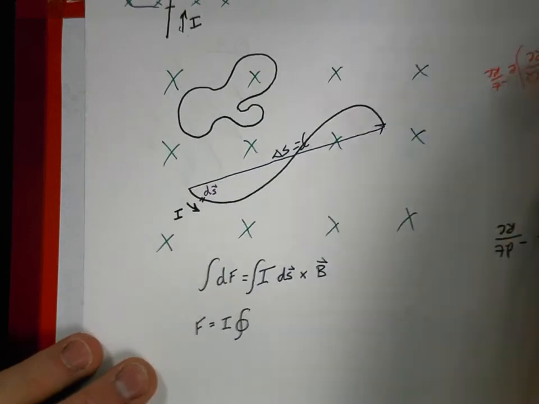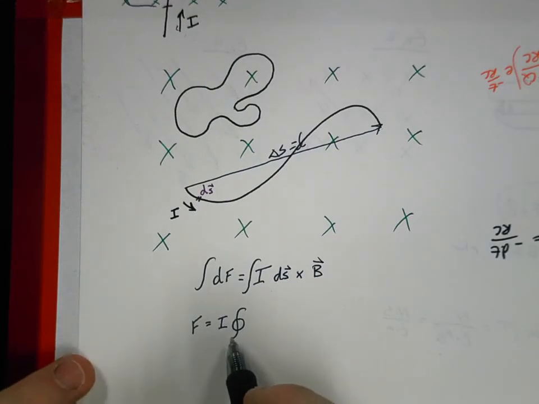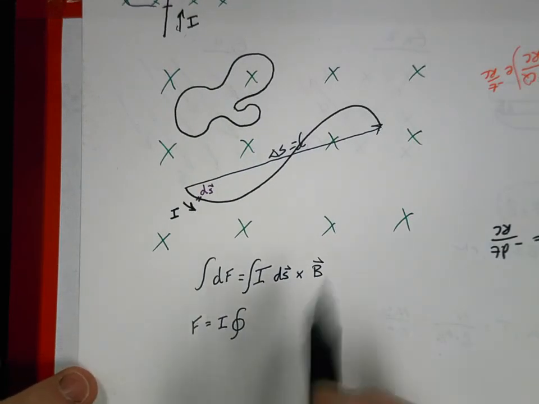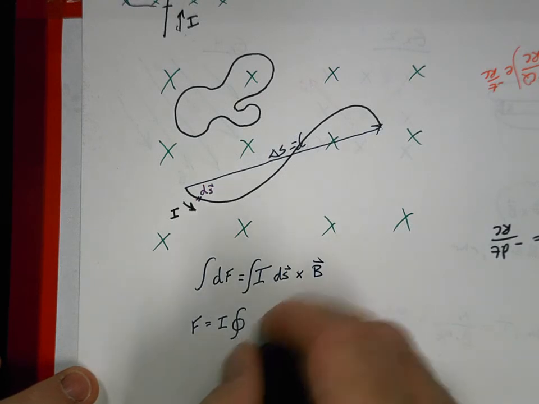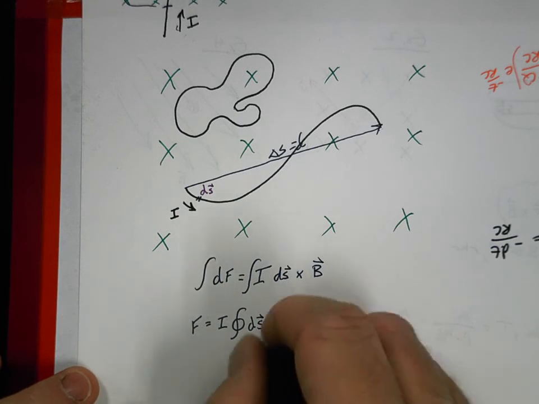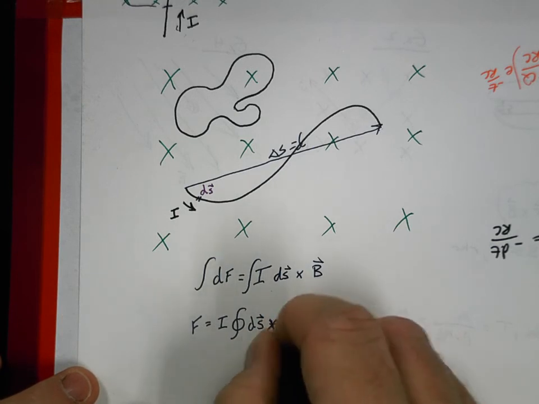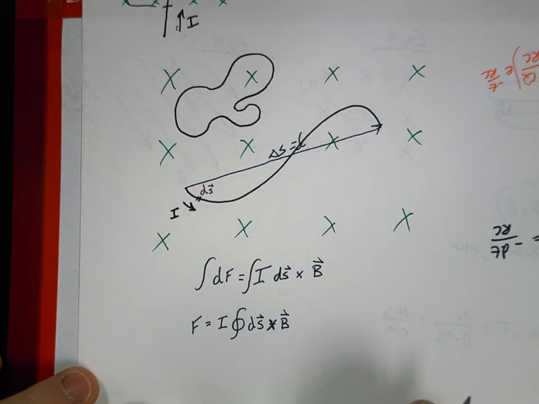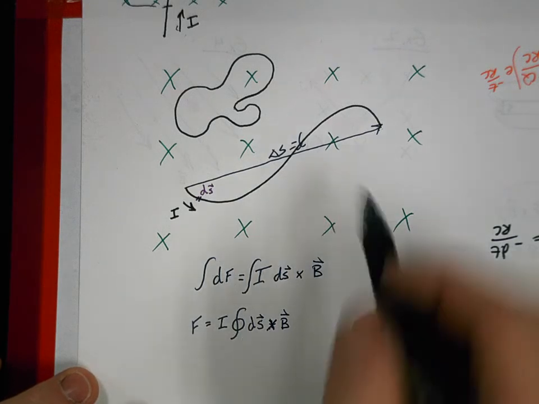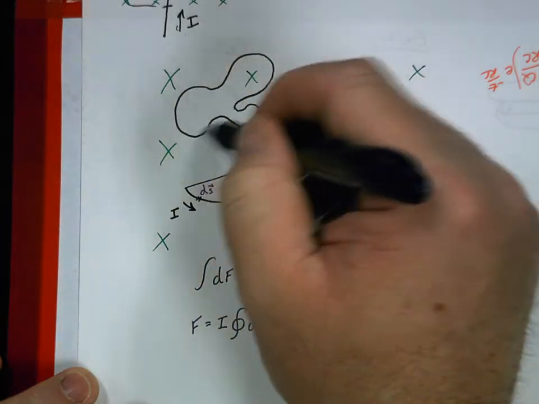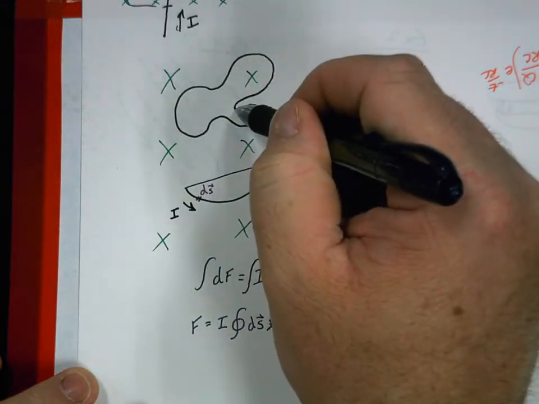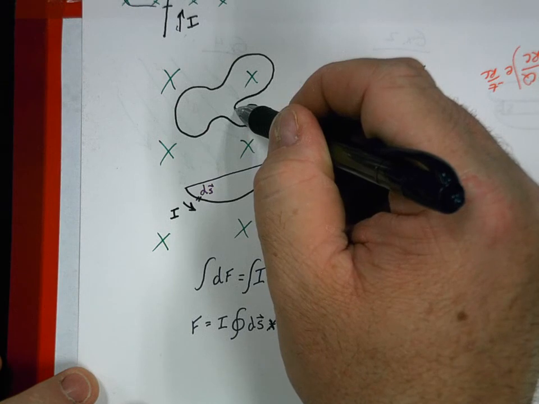But if we're just talking about a wire, this is around a closed loop. The integral of ds is our displacement. What happens if we start here and we go around and wind up back where we started? Zero. Our displacement is 0.